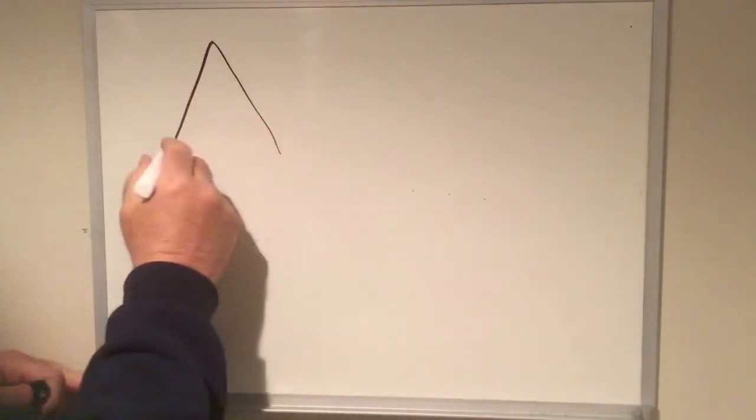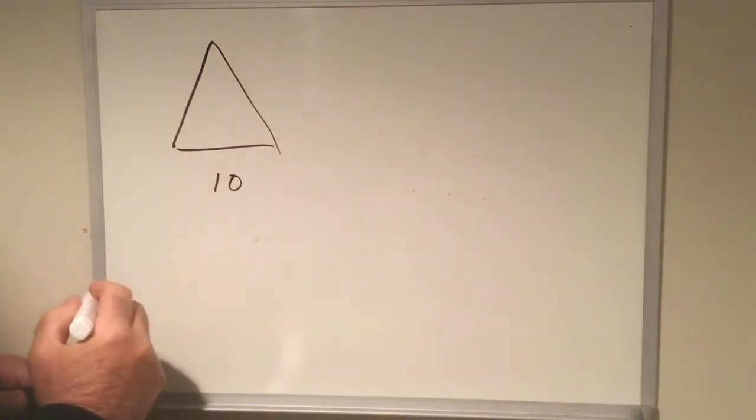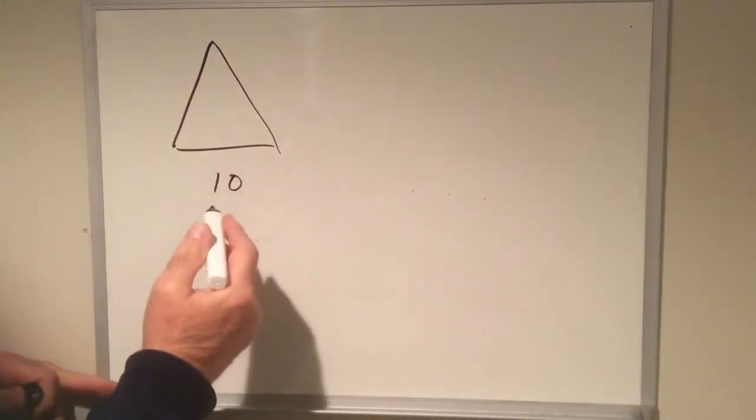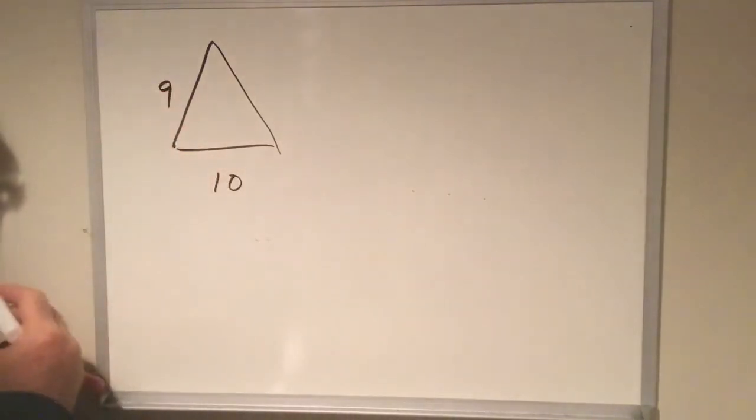Give you a couple of examples of what you could possibly run into. You could have a triangle, right? Let's say you're told this is a 10 here, that side there. That wouldn't give you enough information to be able to figure out the area.